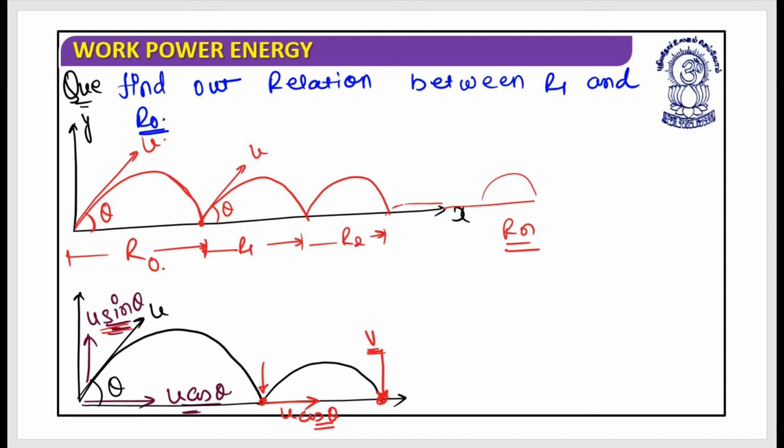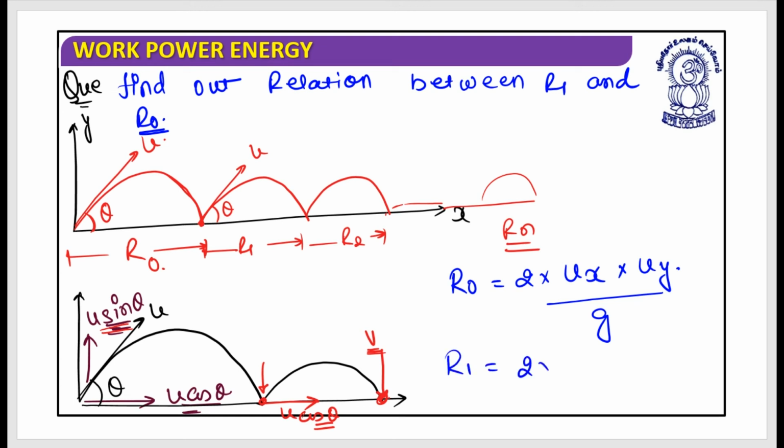So what should I write, it's R naught, that is equal to 2 into ux, the velocity in horizontal direction, multiplied by uy divided by g. Now what do I need to write for R1? It's 2 into ux, which will remain the same, but what should I write for uy?